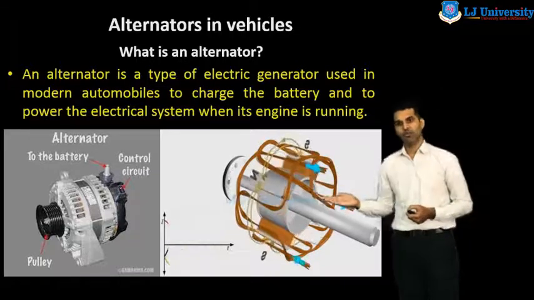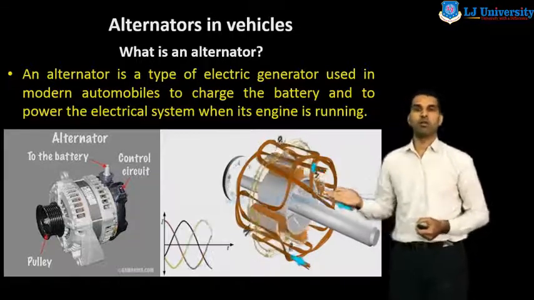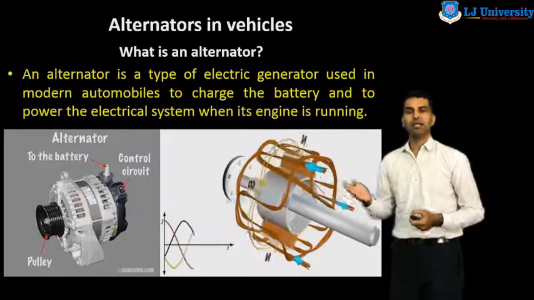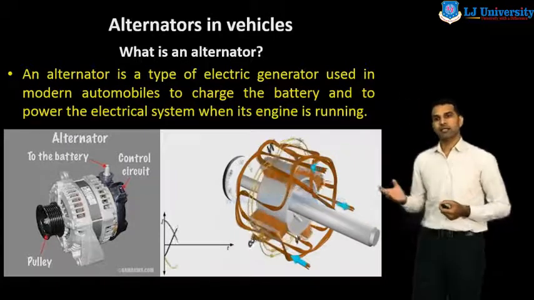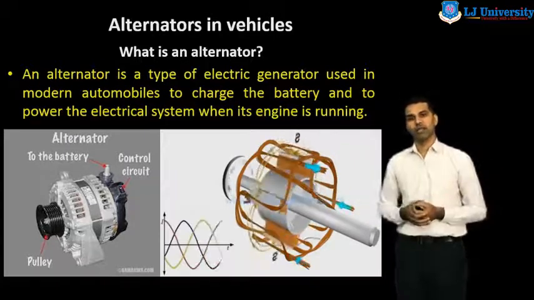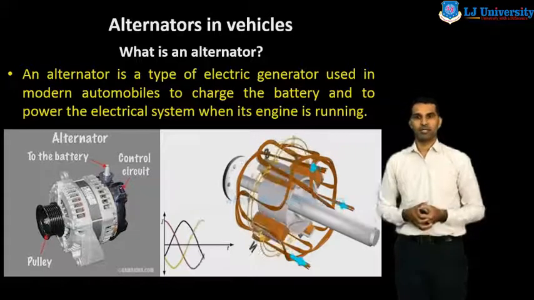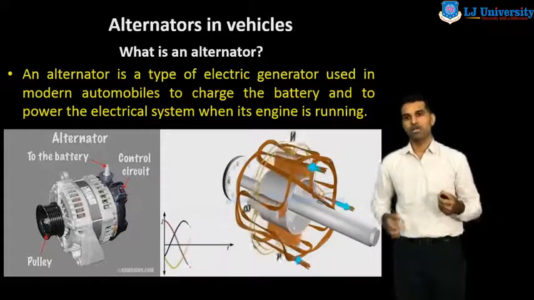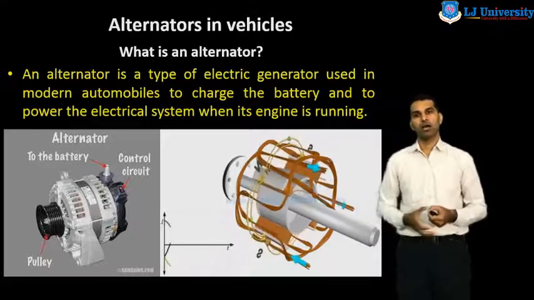By the help of the alternator, when the battery is not working, we can give electric power to the different devices, or we can also charge the battery of the car.